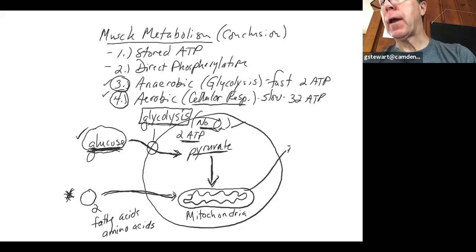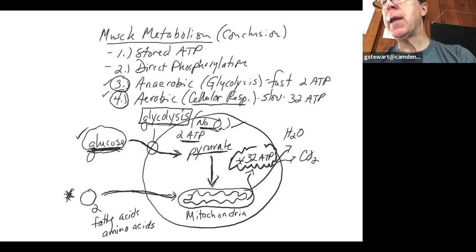I said this yesterday, that I think we get water as a byproduct, as an exhaust product, and carbon dioxide, which we eventually have to get rid of. And what we're most concerned with here is the cell makes about 32 ATP molecules.